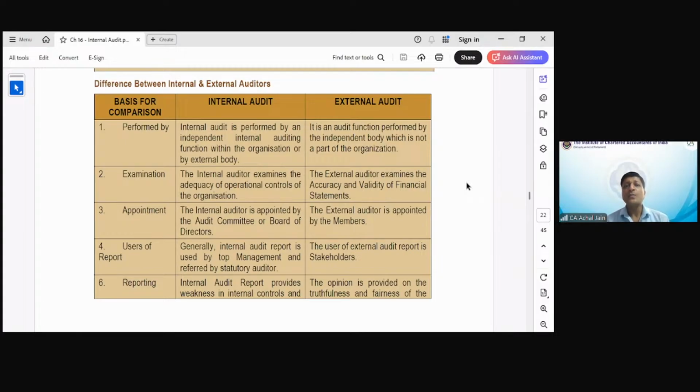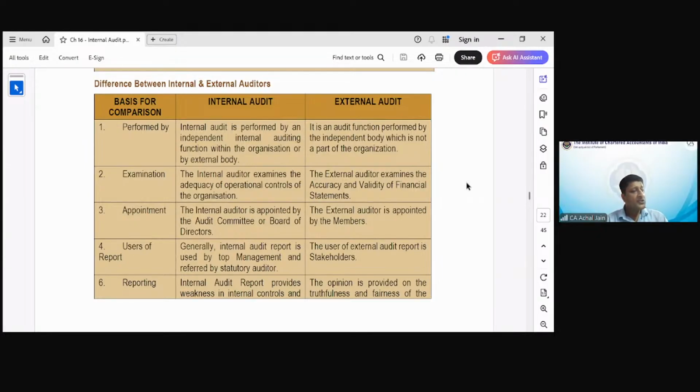So that's why some of the areas which the internal auditor will have picked up, some of the observations which the internal auditor would have raised, that work in a way is going to help the statutory audit. Yes or no? So you can say internal audit is a kind of assistance to the statutory audit.